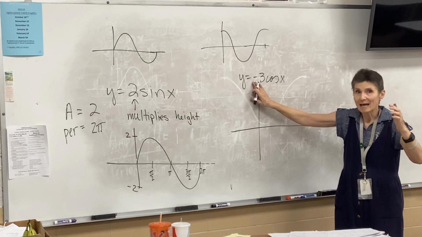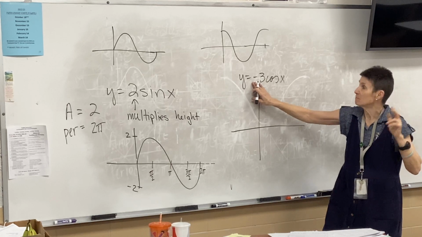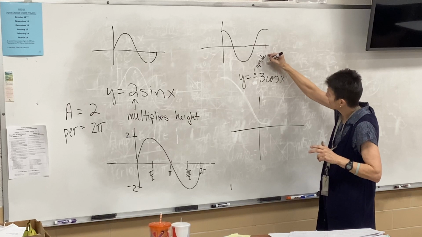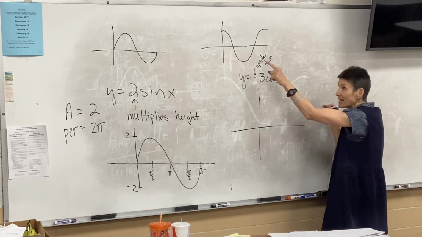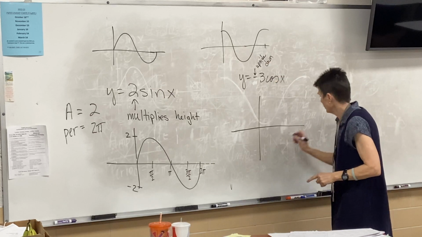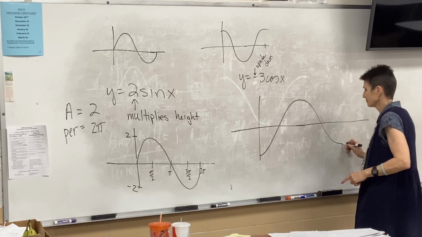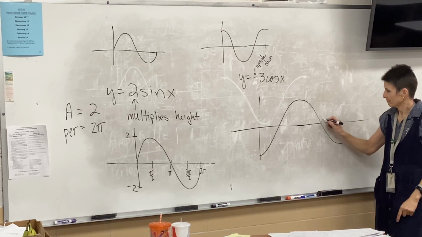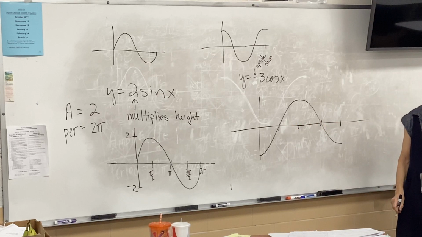It reflects across the x-axis. That's the mathematical way of saying it, but basically it's going to turn me upside down. So instead of having that shape, it's going to have this shape. Upside down.